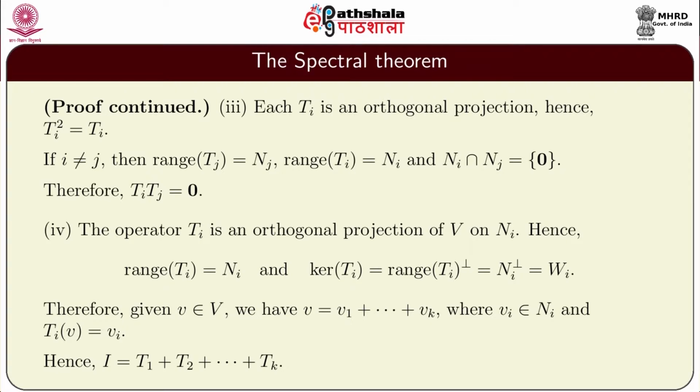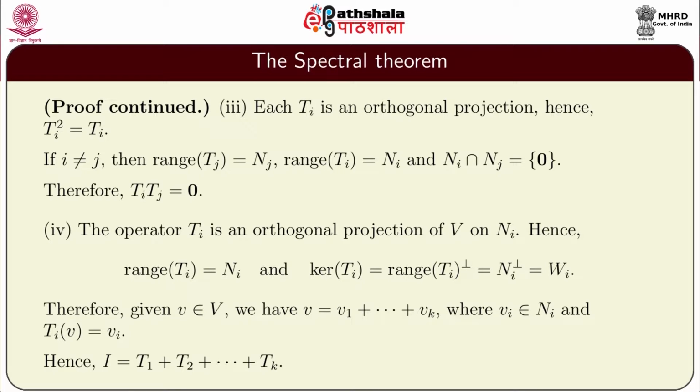Part 3, each Ti is an orthogonal projection, hence Ti square is Ti. Now, if i is not equal to j, then we obtain Ni intersection Nj is the singleton zero vector, because Ni is range of Ti and Nj is range of Tj. Therefore, Ti Tj is the zero operator.